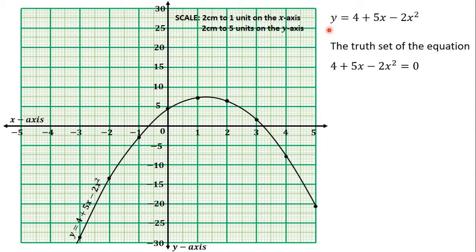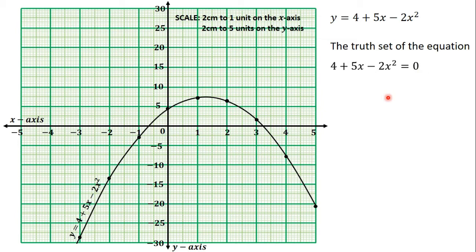We drew the graph of the function y is equal to 4 plus 5x minus 2x squared, and we are going to use this graph to find the truth set of 4 plus 5x minus 2x squared is equal to 0. We can see that we got the equation by equating the function to 0. So if you equate this function to 0, you have 4 plus 5x minus 2x squared is equal to 0.